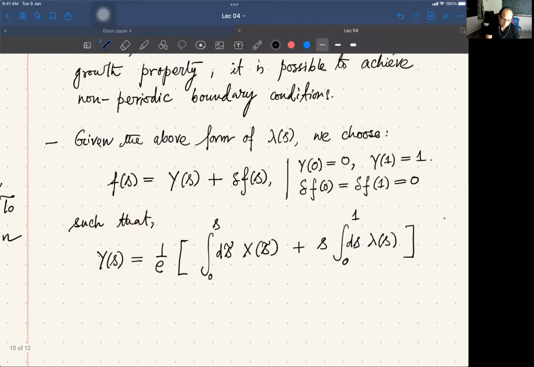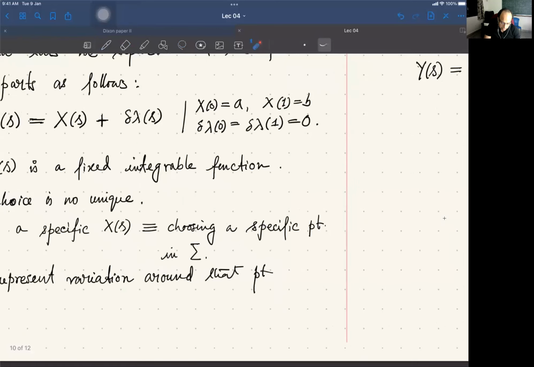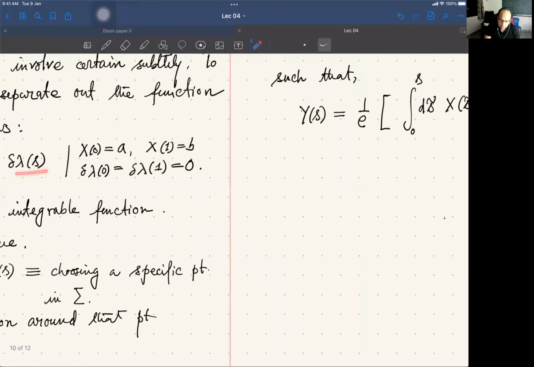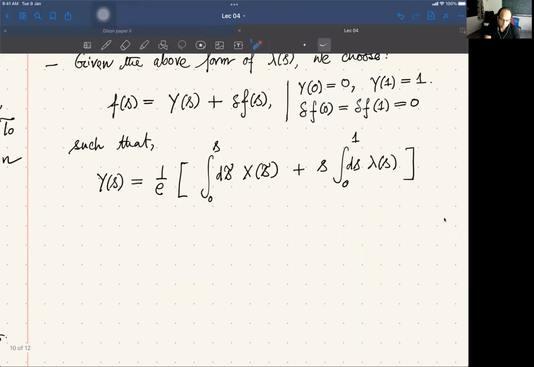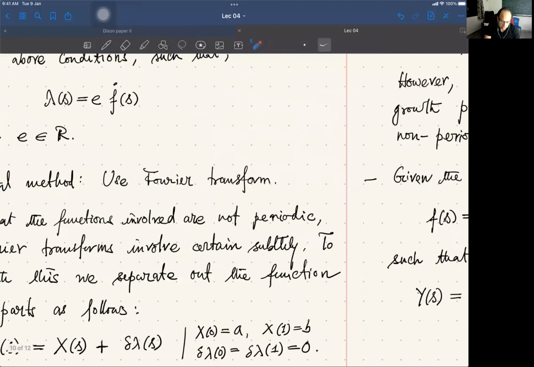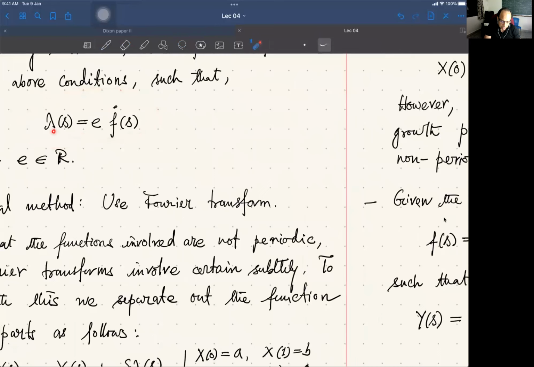So what it means is that we had a separation of lambda into x and delta lambda. Correspondingly, we have a separation of f that we need to choose in order to satisfy this condition. Given a lambda, we are trying to find f.